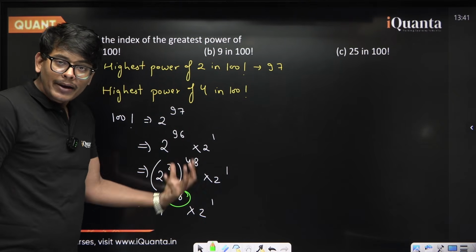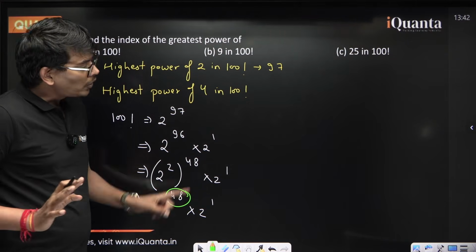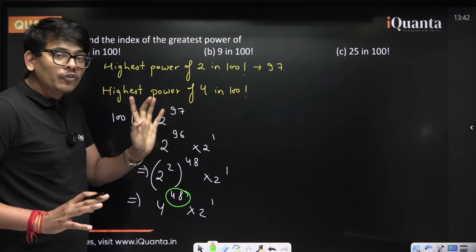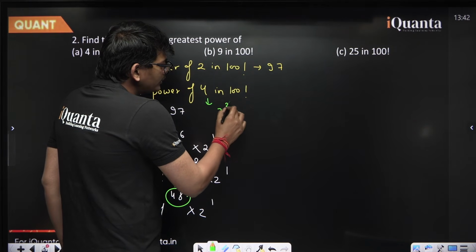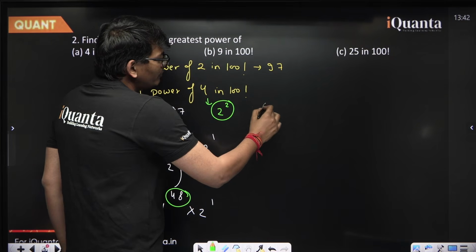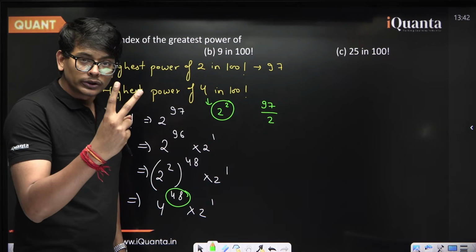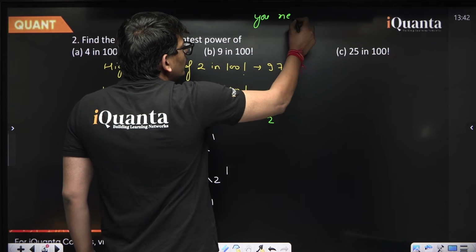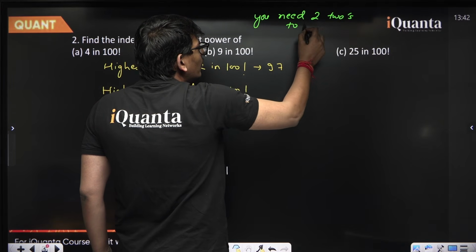Instead of doing this manually, what you can do next time is find the highest power of the prime number. The highest power of prime number 2 is 97. We have to find the highest power of 4. So ask yourself, how will you make 4? 4 is 2 square. So just divide 97 by 2, because you need 2 2s to make 1 4.